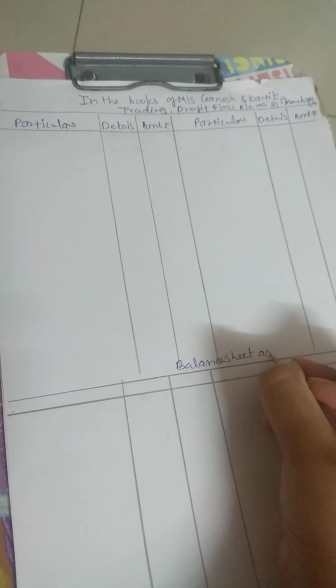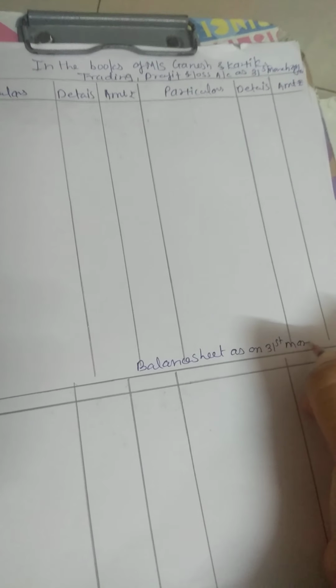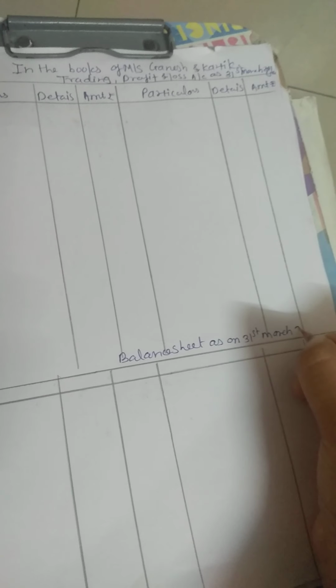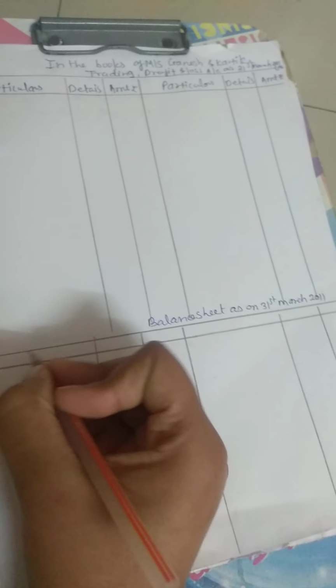Now the next format of this chapter is the balance sheet. Balance sheet as on 31st March 2011, the same year given in the problem. Here there is no debit and credit side because the balance sheet is just a statement.